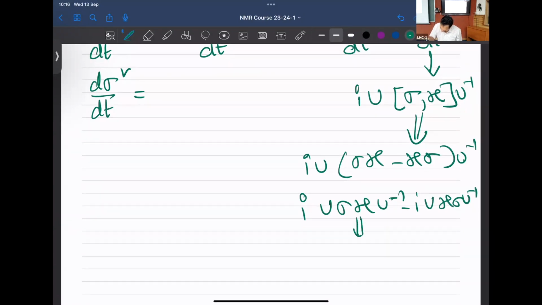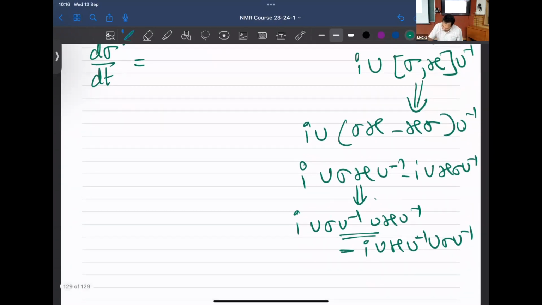And then yet again, what we can try to do, iu sigma u inverse u h u inverse multiplying by u inverse u, which is identity again, minus iu h u inverse u sigma u inverse. All that I've done is to expand the commutator and multiply by identity again.